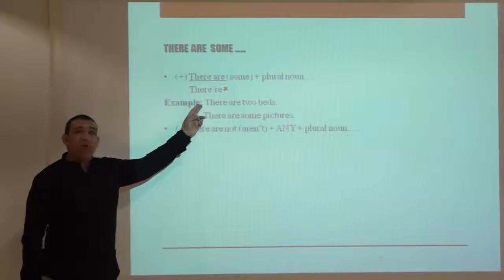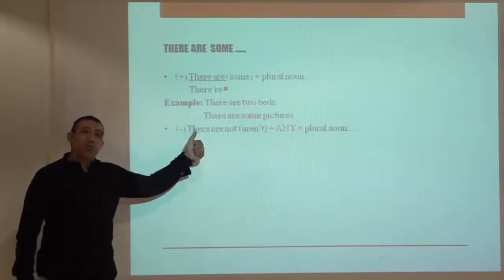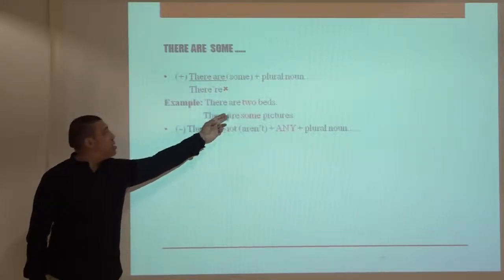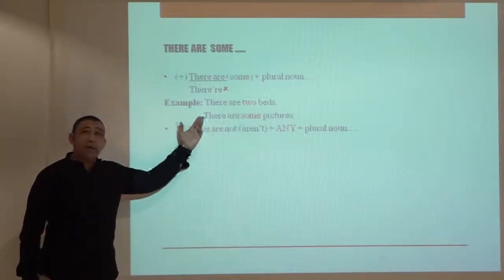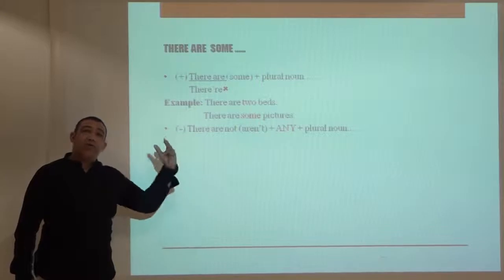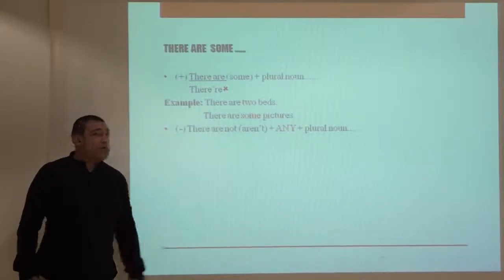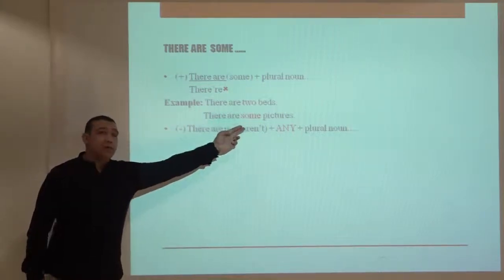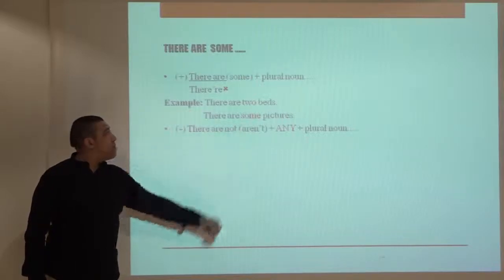When we know the amount of items that we have, for example 2, 3, 4, we can use the numbers like this. There are 2 beds, or there are 3 beds, or 4 beds. When we don't know the exact amount, we use some. For example, there are some pictures.